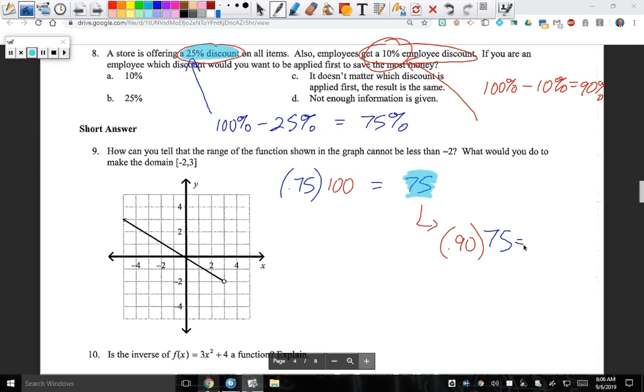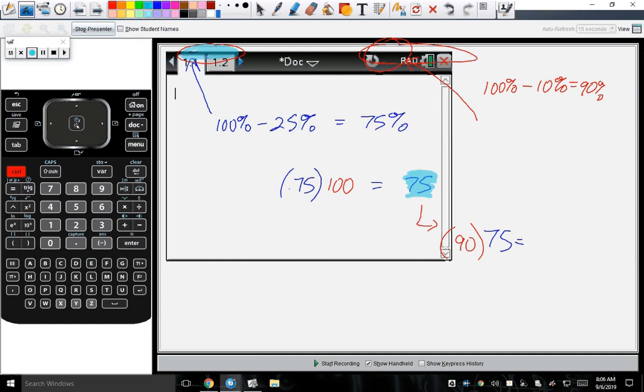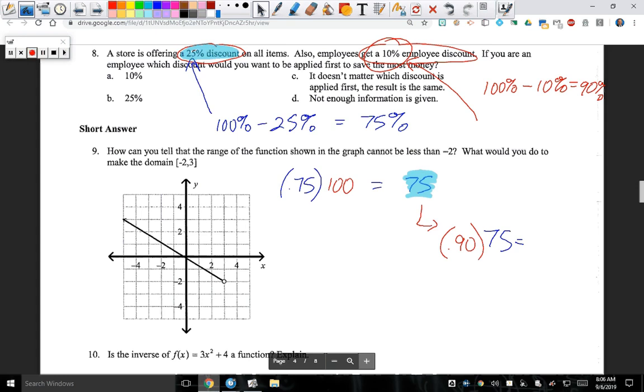Just real quick with the calculator, I'll press control left to go back to page 1, and I will do 0.90 times 75, and I'm paying 67.5. So $67.50 is what I'm going to end up paying if I applied it in that order.